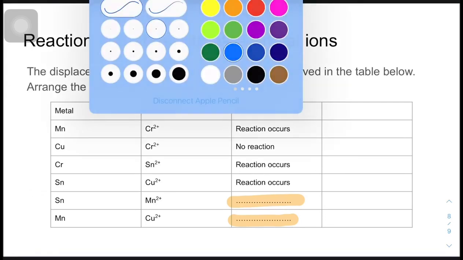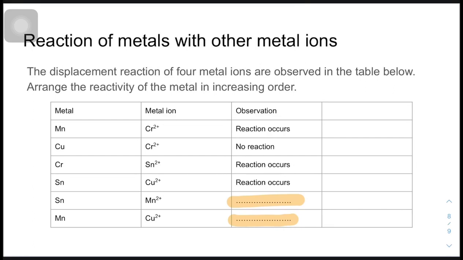The first reaction occurs. Then we know that Mn is more reactive than the Cr. The second reaction, Cu and Cr2+ does not have any reaction.